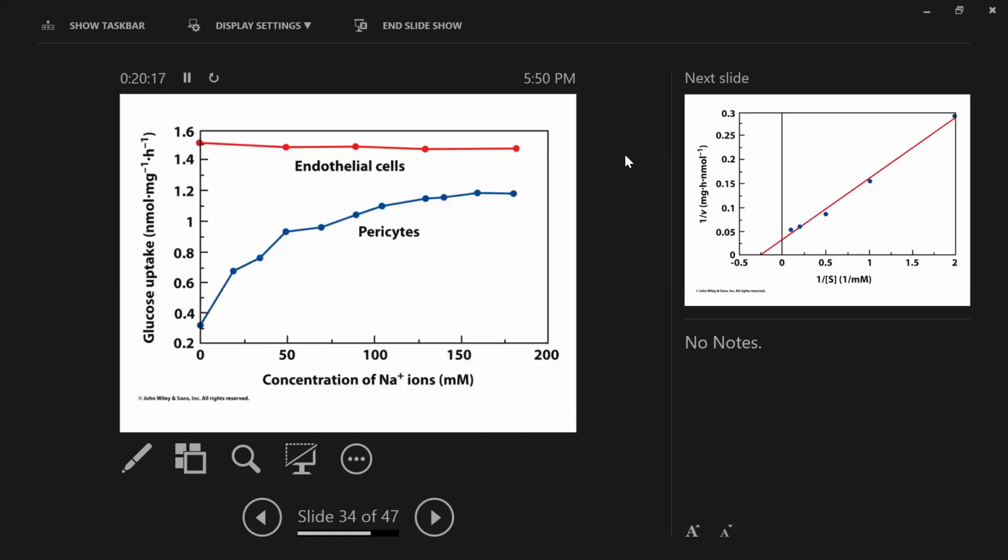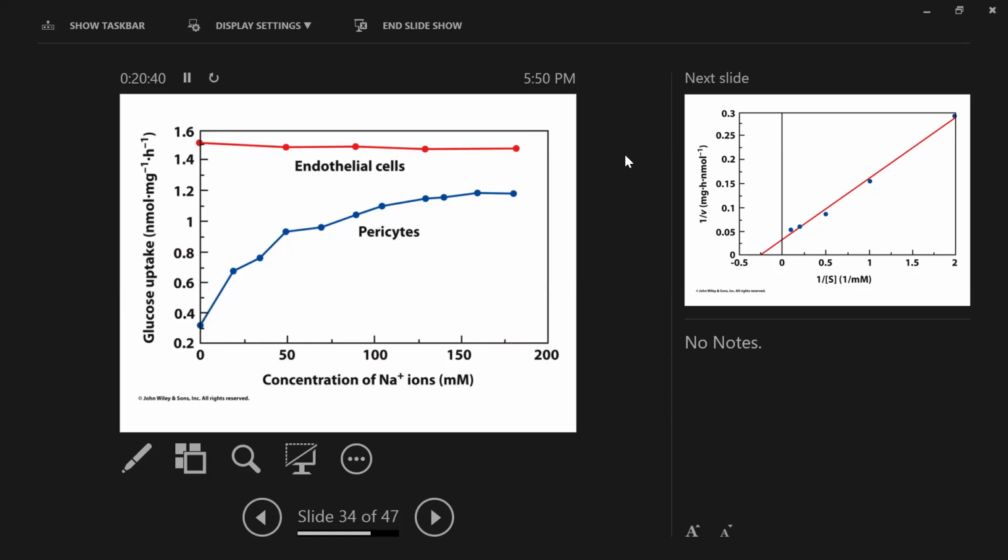So this is supposed to be data that I'm showing. Now this one's interesting. It's looking at concentration of sodium and the rate that glucose comes into the cell. We're going to see that some transporters will transport more than one molecule. So in this case, as sodium concentrations increase, glucose is allowed to enter the cell at the same time. We'll see a cartoon of how it works.